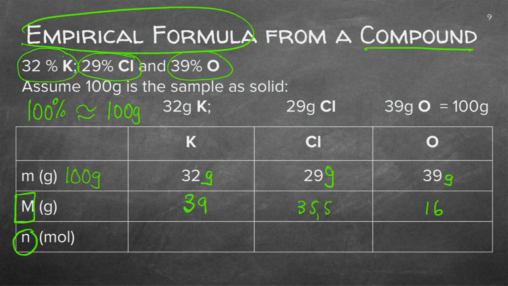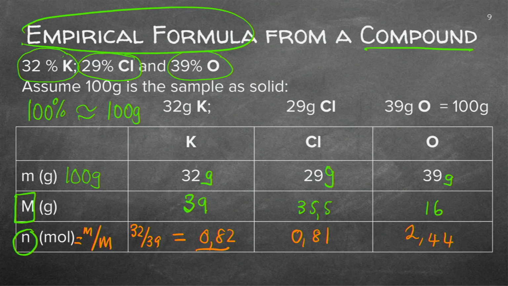If I now do my calculation, you are going to do 32 over 39. Remember, that is m over m. You'll get a value here of 0.82. Here I got a value of 0.81. And here I got a value of 2.44. Can you remember what to do next?